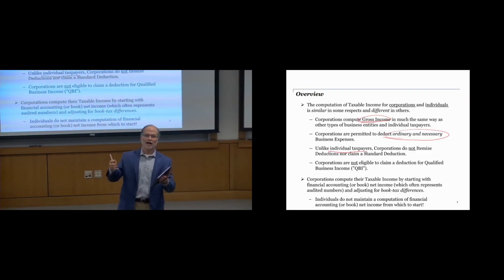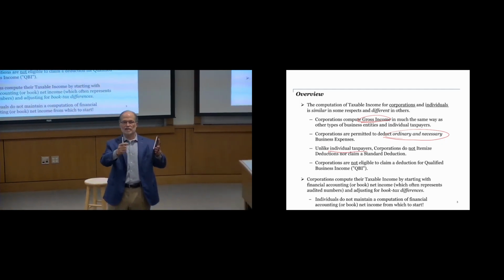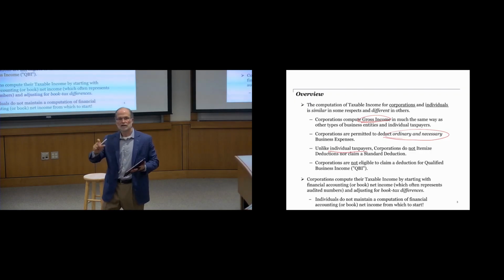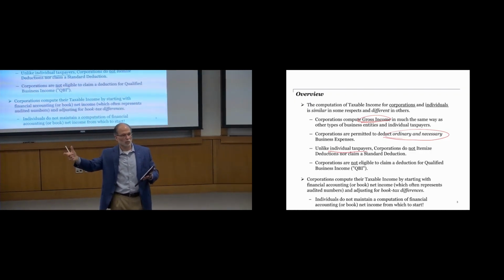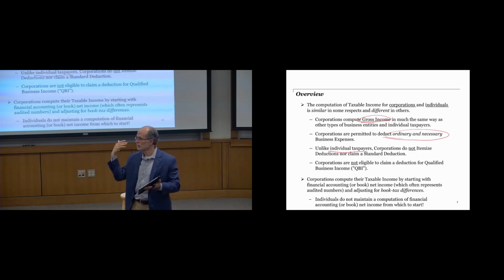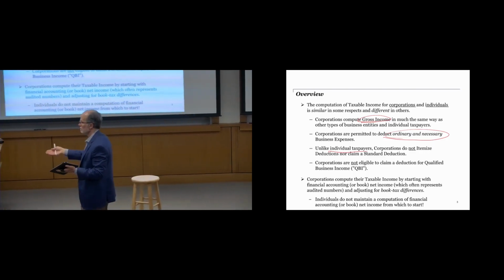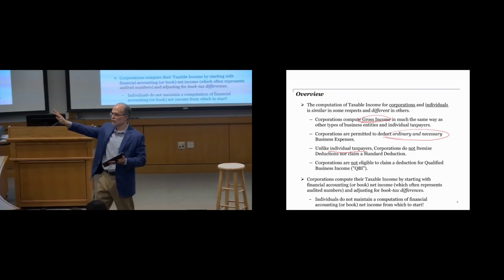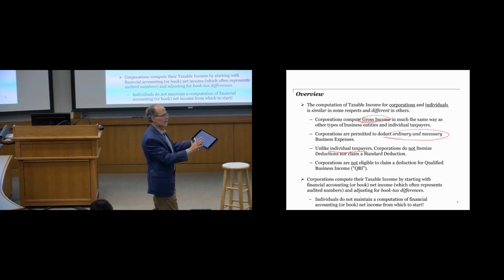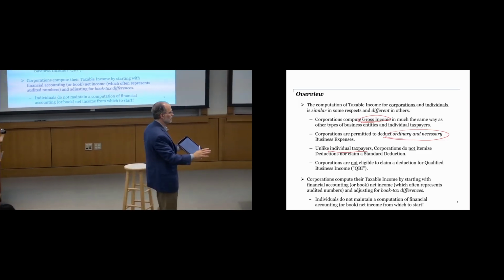Why? Because in 2017, they got a reduction in the corporate tax rate from 35 to 21. The QBI mechanic, that rule, was to try to give a similar type of tax relief to flow-through entities. So QBI is for flow-through entities, the qualified business income deduction, not available for C corporations.